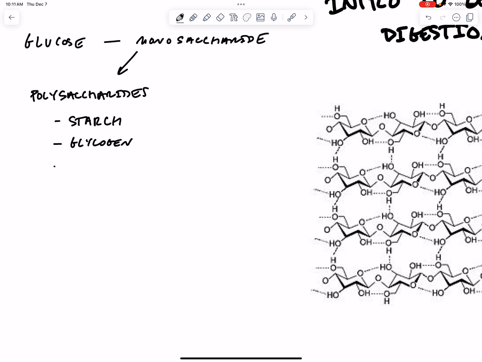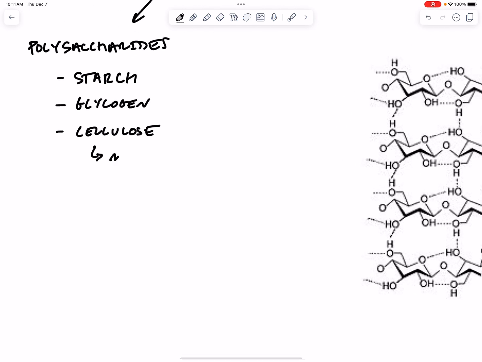And then we talked about cellulose, which is one of the primary components of the plant cell wall. So it's actually not an energy storage molecule, but instead it's a structural feature holding plant cell walls nice and rigid, helping keep plant cells solid and stiff and upright. And it's actually the most abundant polysaccharide on Earth.